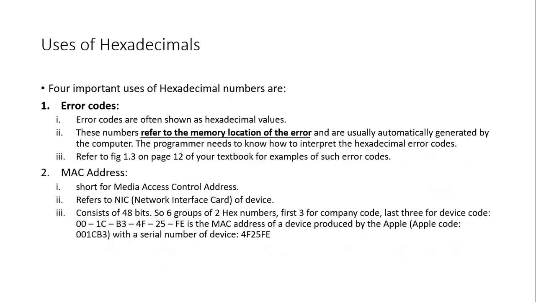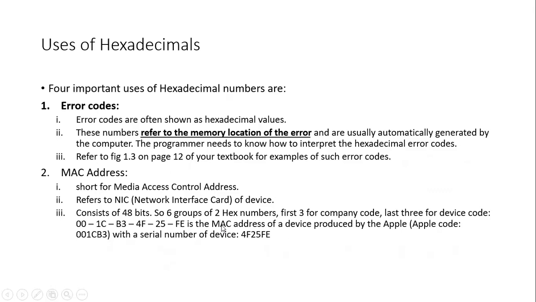This NIC card has 48 bits. We convert these into hexadecimals, and then we divide them into 6 groups of 2 hex digits each. The first 3 groups, so 6 digits, are for the company code, and the last 3 groups are for the device code.